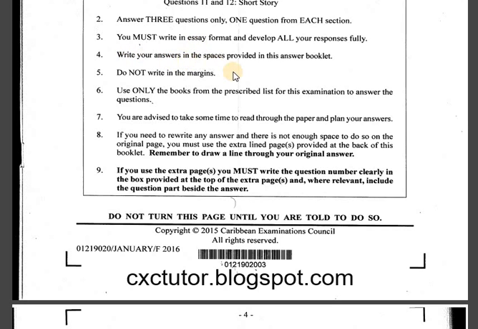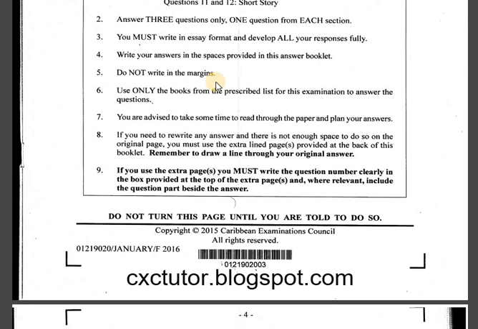Write your answers in the space provided in the booklet, and it says do not write in the margin. And as I said before, the exam is going to be scanned, uploaded, and marked online. If you do write in the margins, chances are your information might not be displayed in the right way for you to get the grade that you need. I hope I'm explaining myself properly.